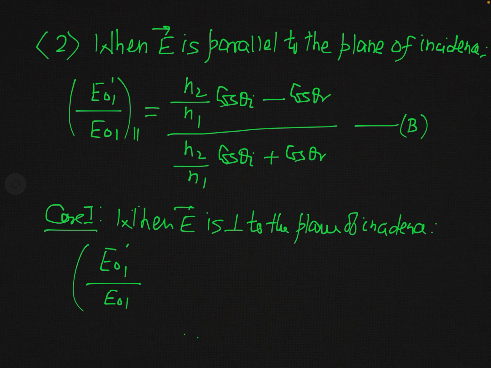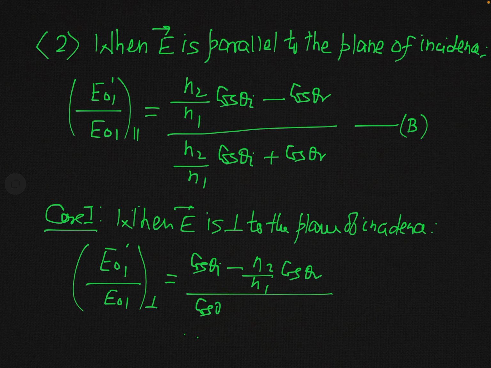In that condition, as mentioned in result A, the ratio of the amplitude of the reflected wave, E naught 1 prime, and the amplitude of the incident wave, E01 perpendicular, is equal to cos theta I minus n2 over n1 cos theta r over cos theta I plus n2 by n1 cos theta r.